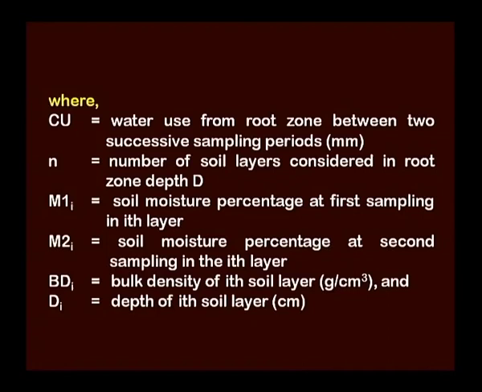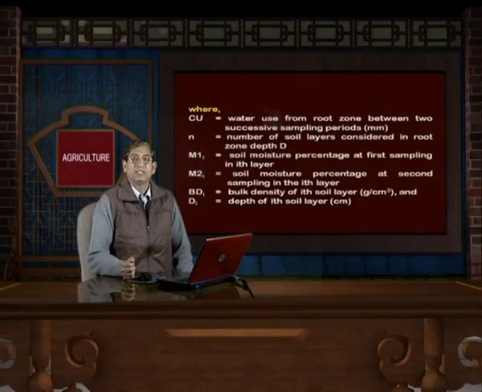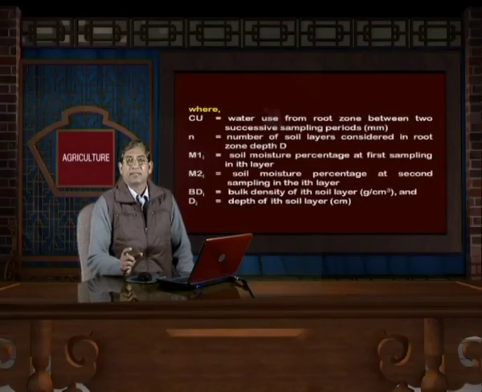M2i is soil moisture percentage at second sampling in the ith layer. BDi is bulk density of the ith soil layer in grams per cubic centimeter, and Di is depth of ith soil layer in centimeter. By using this formula, the water use from sowing to harvesting of a crop can be determined.